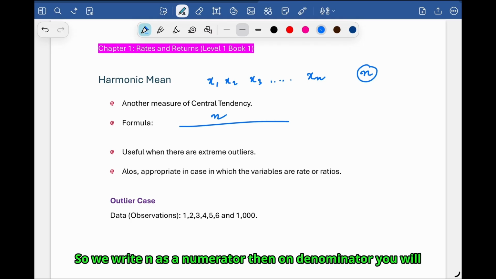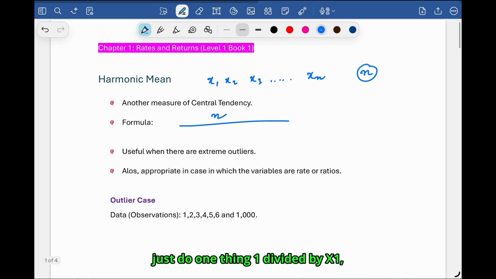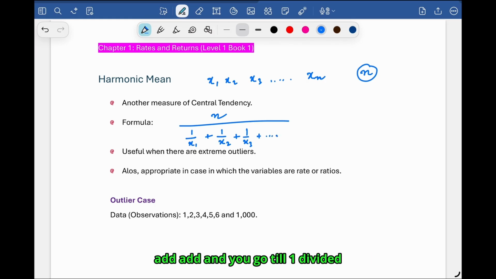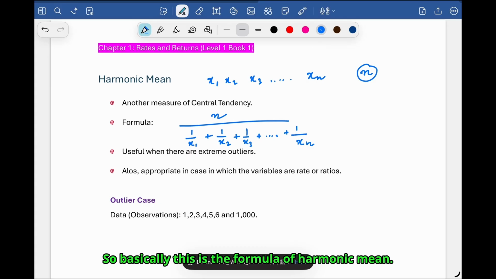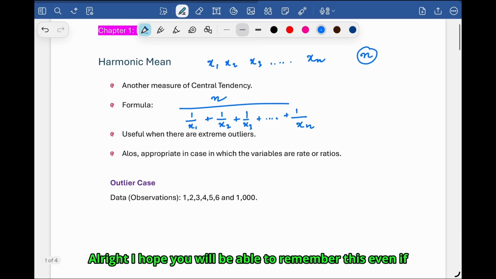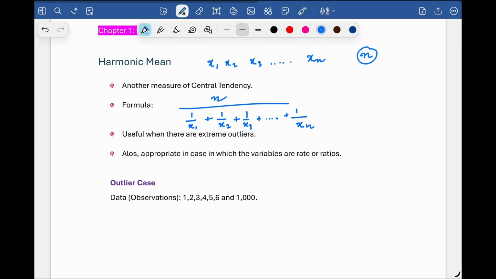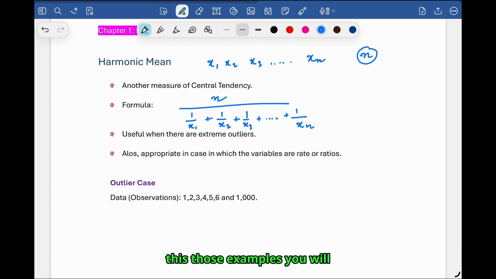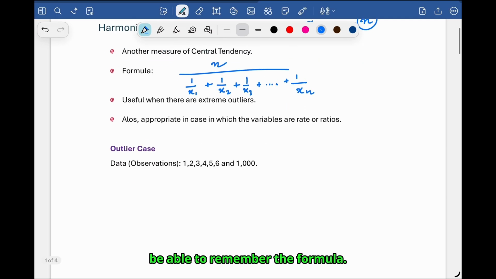Then in the denominator, you'll just do one thing: 1 divided by x1, plus 1 divided by x2, plus 1 divided by x3. You go on like this, adding, till 1 divided by xn. So basically, this is the formula of harmonic mean. I hope you'll be able to remember this. Even if you don't, we'll see the use of this formula through examples, and by the time you have gone through those examples, you'll be able to remember the formula.